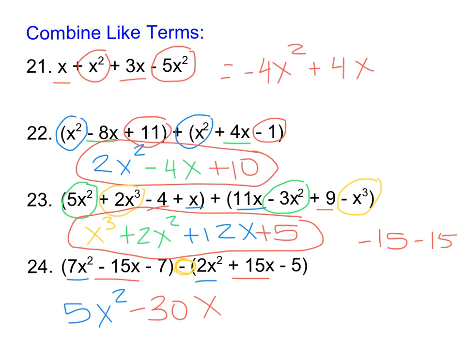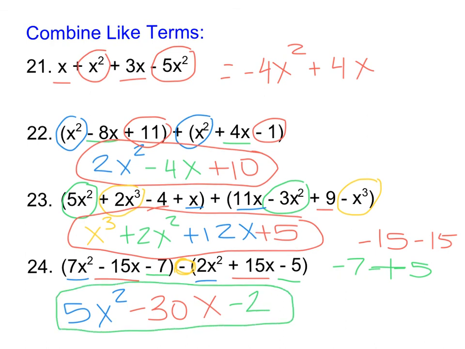So be careful there. And then the last one, negative 7 minus negative 5. What happens there? We have a double negative, so that becomes a minus 2. Such a colorful slide. All right, and that's it.